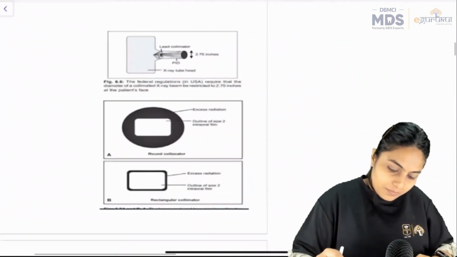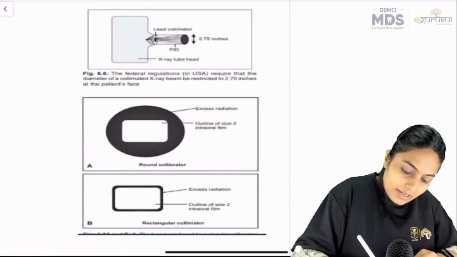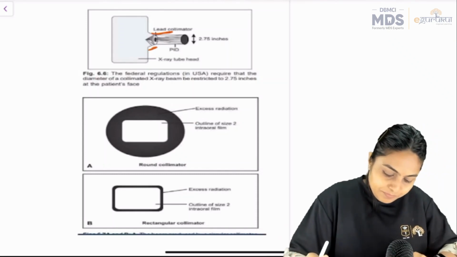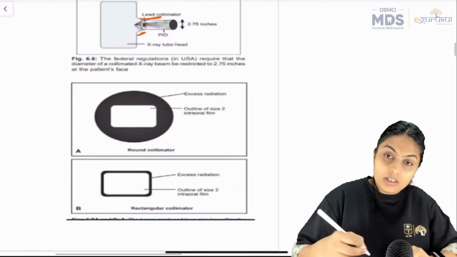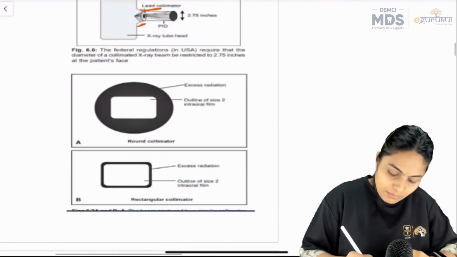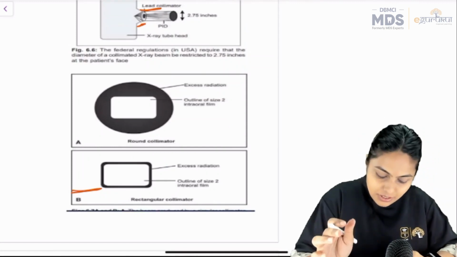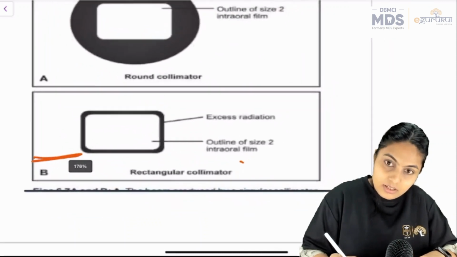Here if you can see, this is a collimator at the X-ray window. Why we prefer rectangular collimator is our X-ray film, the size of our X-ray film, size 2, they have mentioned here size 2.